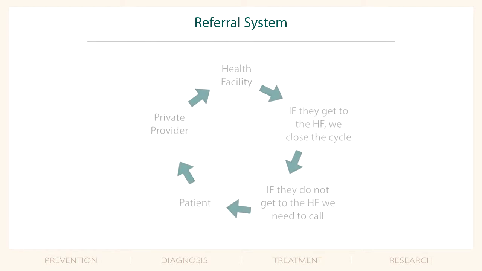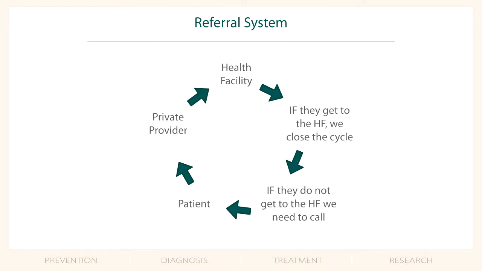So the idea is that when the patient comes to the private provider, they give the patient a unique slip code and tell the patient to go to the health center. At the same time, the private provider sends an SMS with the unique code and the phone number of the patient, and the SMS is sent to the health center automatically.